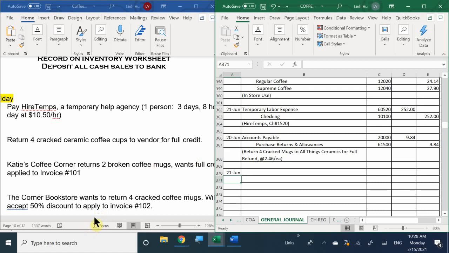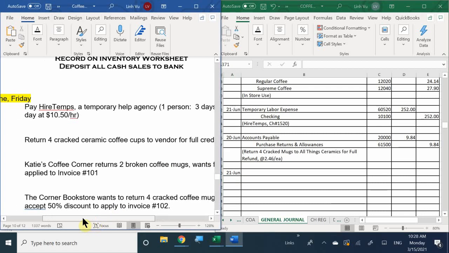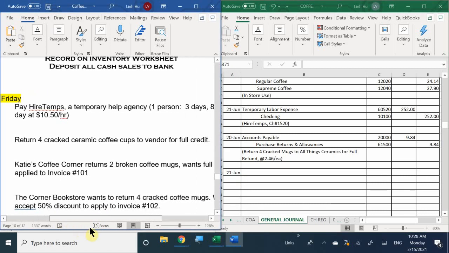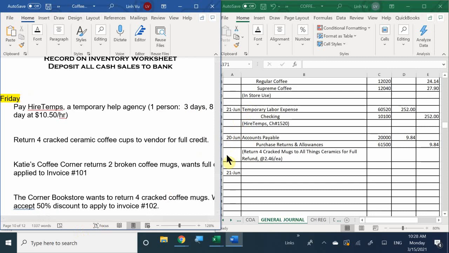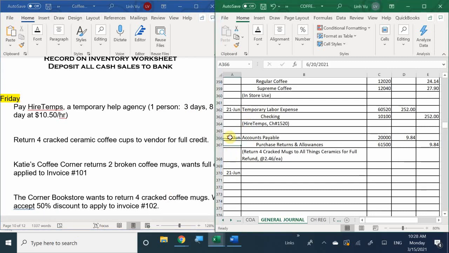It's a customer. Okay, so do we have an accounts payable with the customer? Sales returns. Okay, good. Good. Account, yes. Okay. And it would be to the accounts receivable.